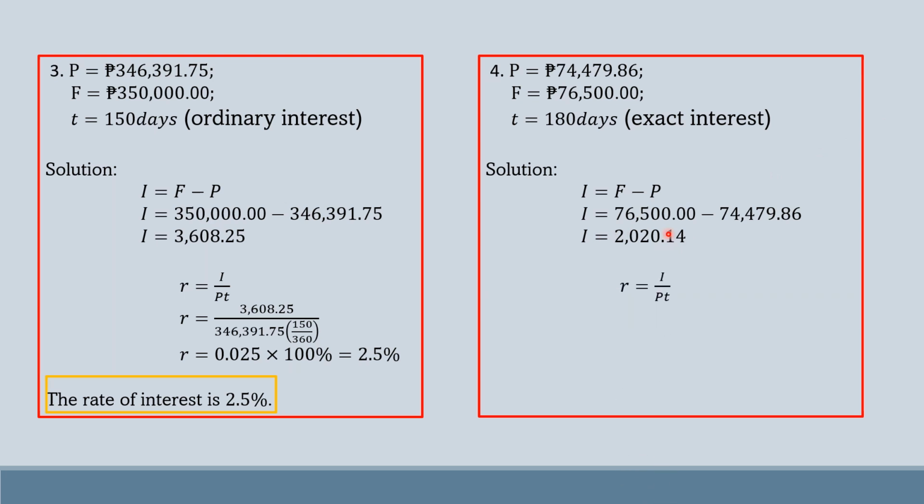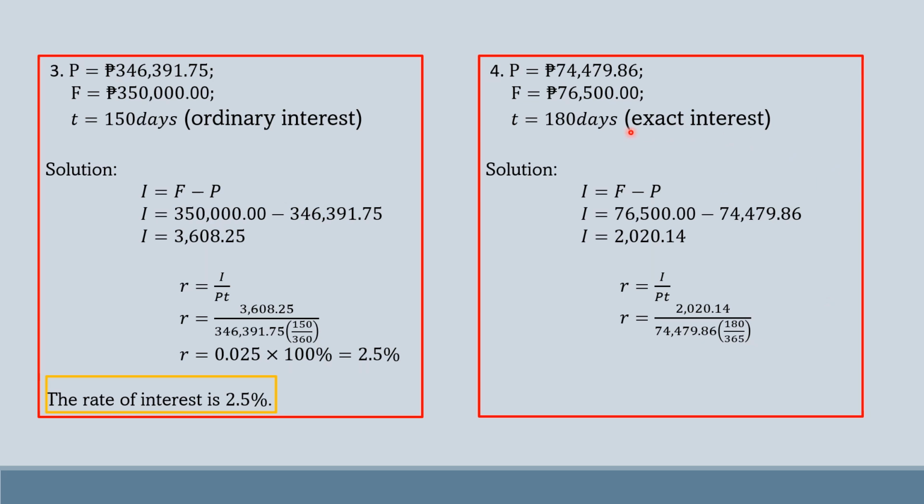Okay? So, the interest is 2,020.14. So, yan na po ang isa-substitute natin. Given the formula, R equals I divided by P times T. So, ang ating I ay 2,020.14 divided by the present value, 74,479.86 times, para makuha natin yung time, 180.